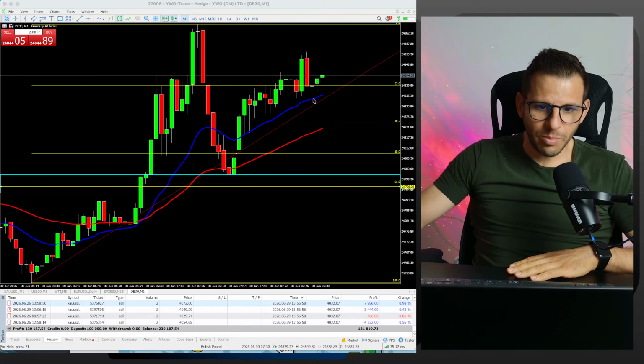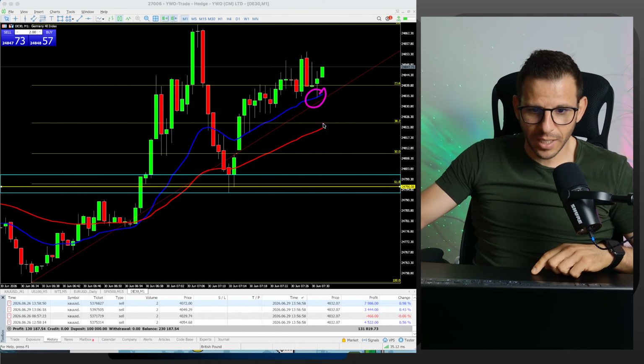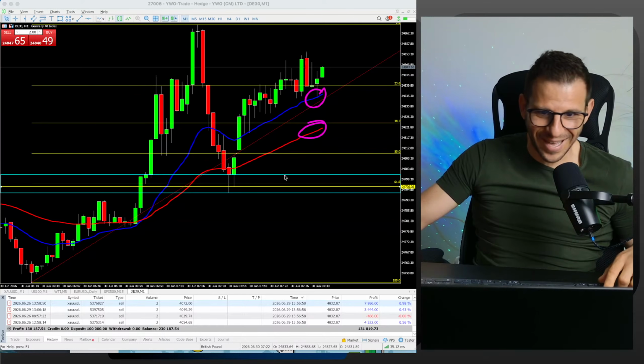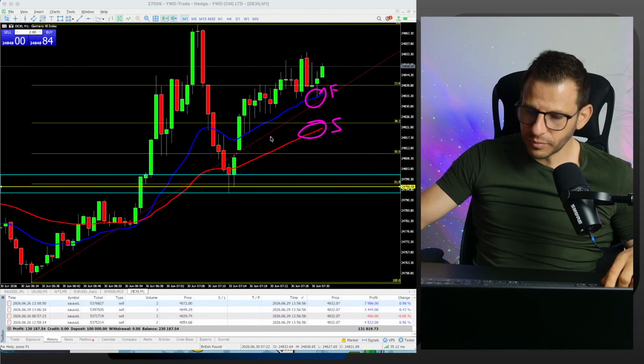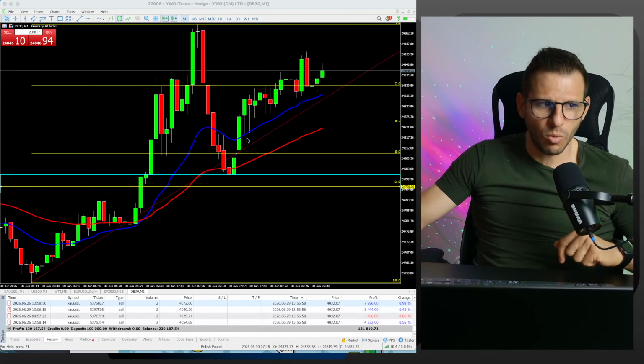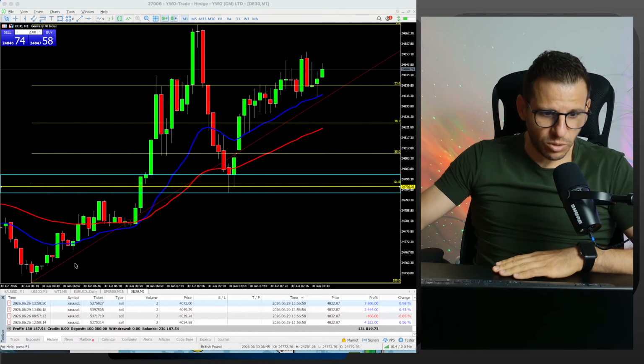The 20 period moving average and the 50 period moving average, guys. The 20 is the blue line and the 50 the red line. The 20 is the fast and the 50 is the slow. They work so well in the markets I'm trading, in the markets I'm showing you here.